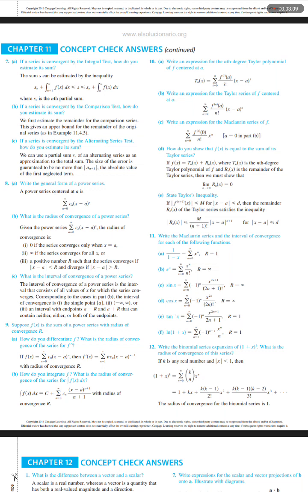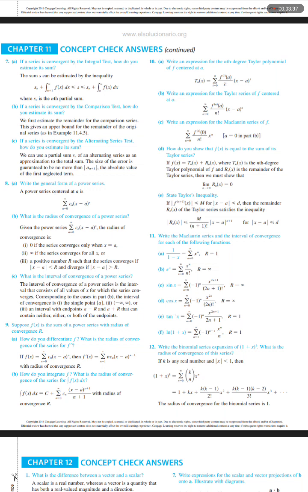What is the interval of convergence of a power series? The interval of convergence of a power series is the interval that consists of all values of x for which the series converges. Corresponding to the cases in part B, the interval of convergence is number 1, the single point {a}.